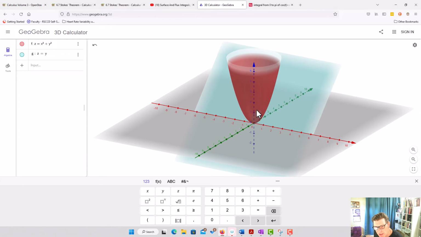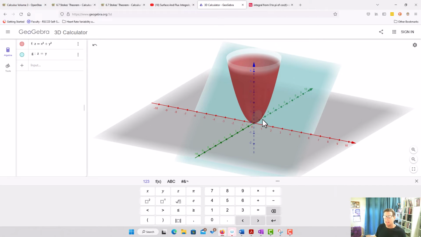What you're going to notice is that it's just a circle, with a radius of 1, and if we map it down onto the xy plane, you'd see it's the circle of radius 1 with its center at 0, 1.